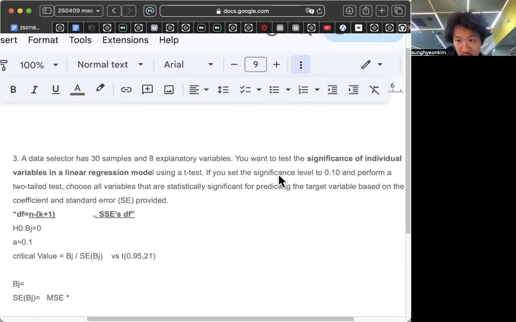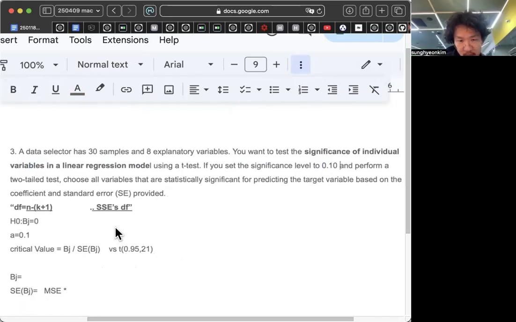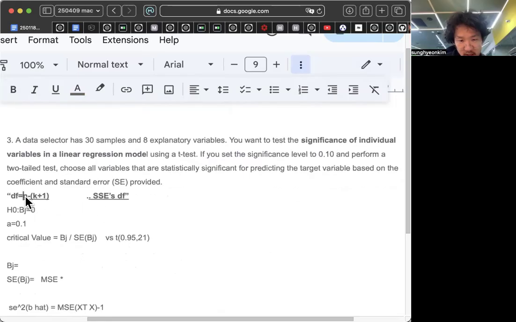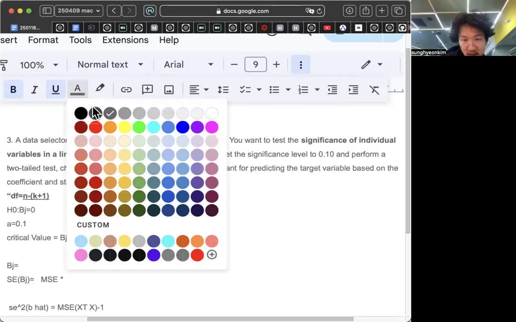And the third problem is about the significance of an individual variable in a linear regression model using the t-test. The significance level is 0.1. The degrees of freedom is n minus k minus 1, which is the same as the SSE degrees of freedom.